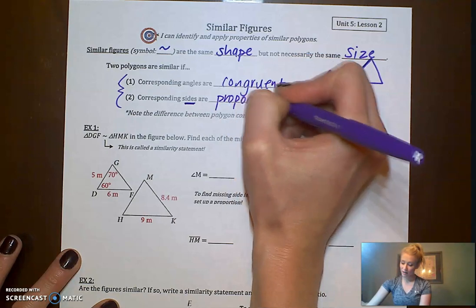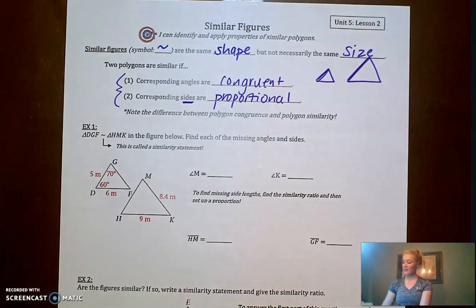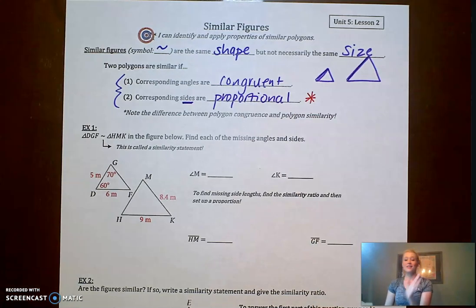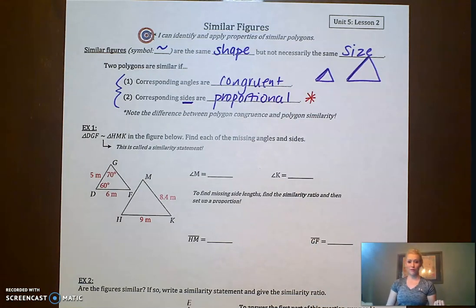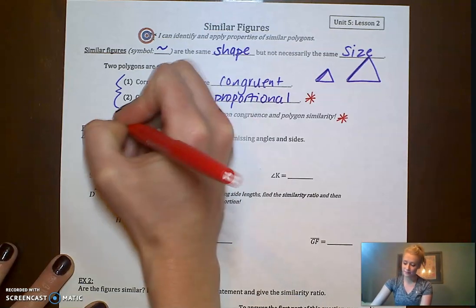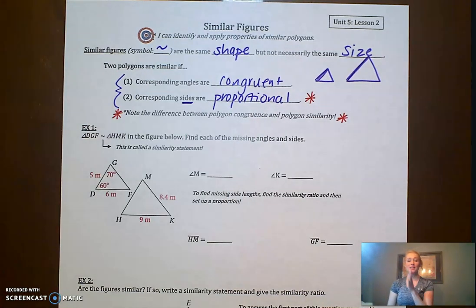So here we go again with what we did in lesson 1. This is the difference between this unit and unit 4, congruent figures. So take note of that. That is the difference between polygon congruence and polygon similarity. The sides aren't congruent, the sides are proportional.